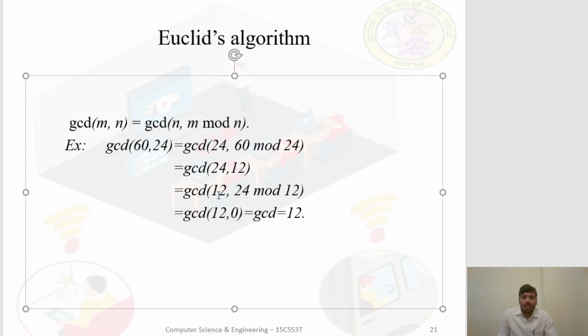So bring the 12, that is n, to the first position, comma 24 mod 12. Okay students, 24 mod 12, the answer is 0. Now the GCD of these two numbers 12 and 0: once n reaches 0, return the value of m. Now here the value of m is 12. Hence the GCD of 60 and 24 is 12.